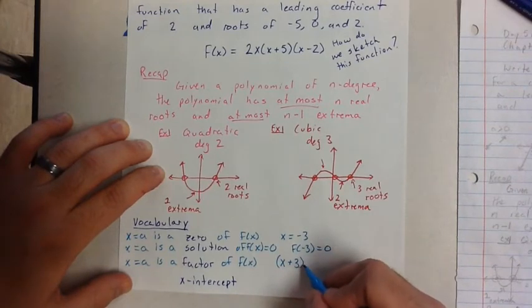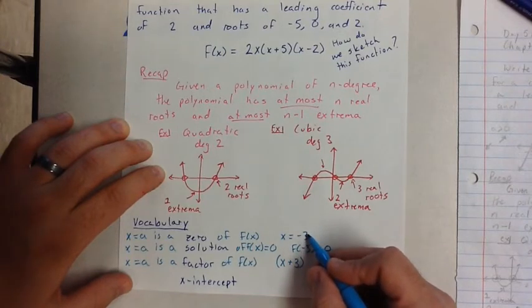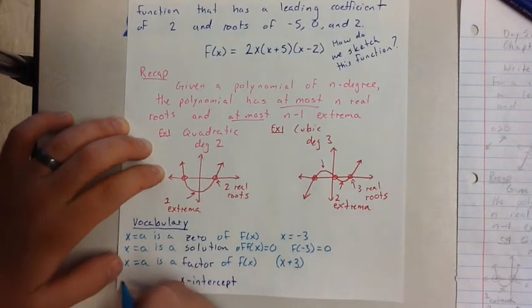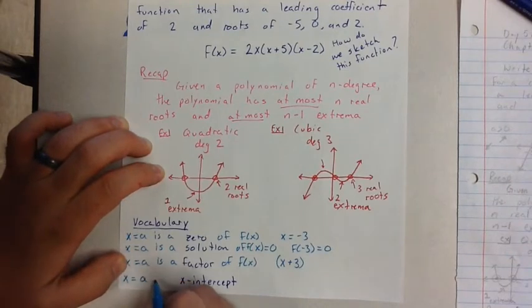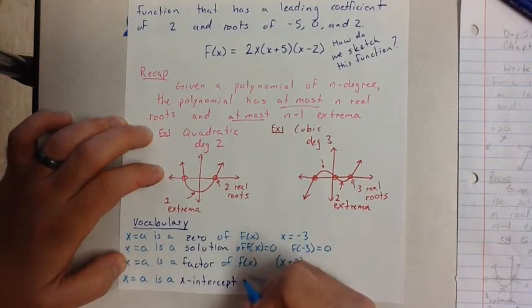That may not be the only factor, but it is a factor. With that factor, making -3 a zero, this number is going to be an x-intercept on the graph.